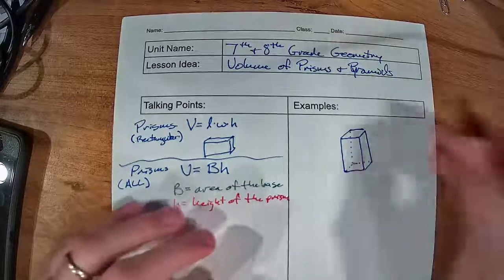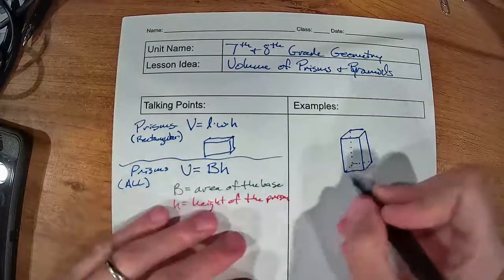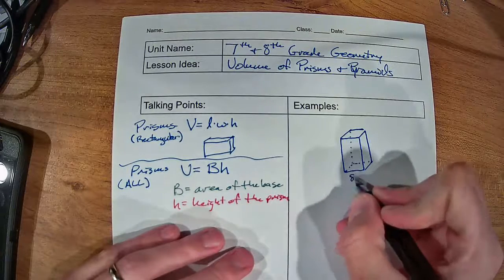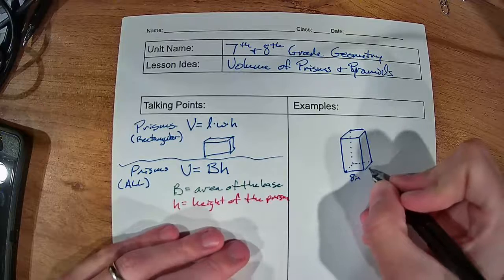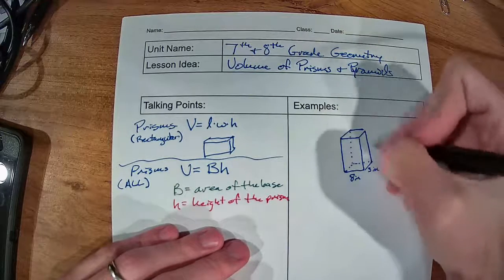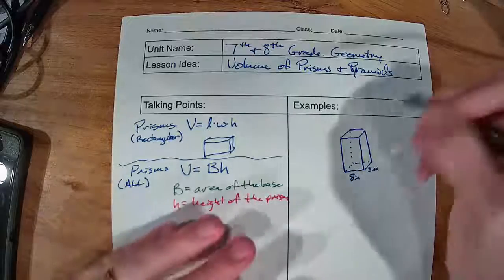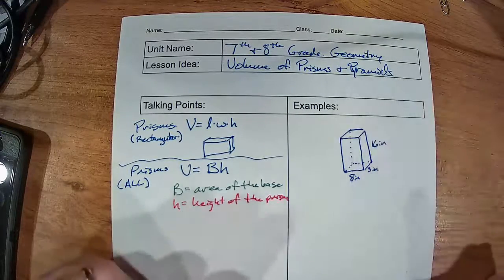There we go. So if we're looking at a prism, we have 3 different dimensions, right? We've got the width, maybe we're measuring side to side. I don't know, we'll call it 8 inches. And then we've got the depth front to back. So maybe this is, I don't know, we'll call it 3 inches. And then, of course, we need a height measurement here. I don't know. Let's call that 16 inches. We'll just make it up as we go.